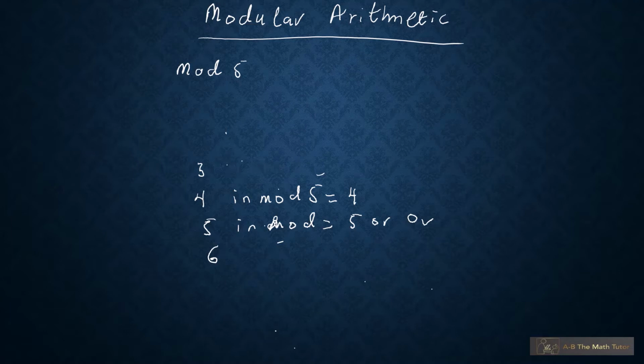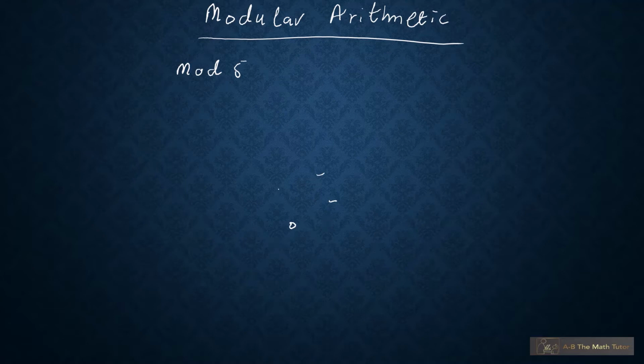Another way to think of modular arithmetic is in terms of remainder. And for the rest of this class, we are going to actually look at modular arithmetic in terms of remainder.